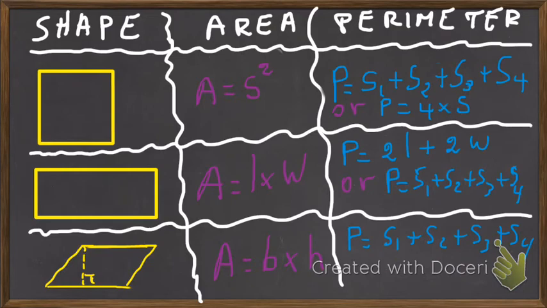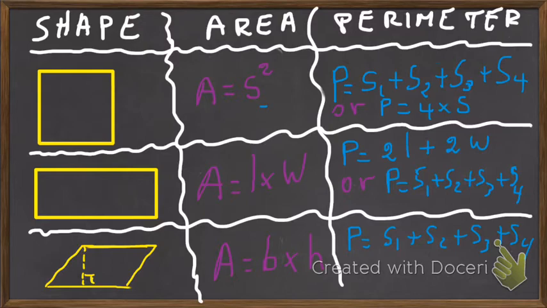So now I'm going to pass over to Ms. Terrio, and she's going to explain everything else. Okay, this is very easy. What is the name of this? That is the square. And why is it a square? Because it has 4 equal sides. How do you find the area of the square? We are going to give you on the quiz this formula to find the area and this to find the perimeter.